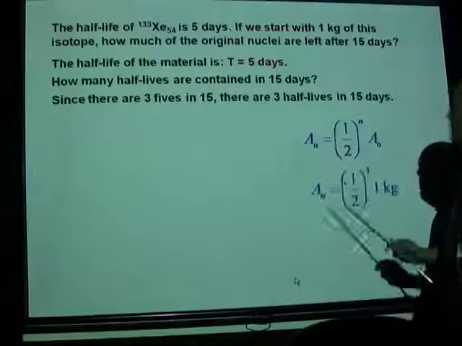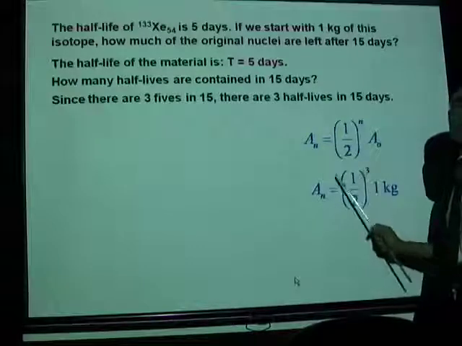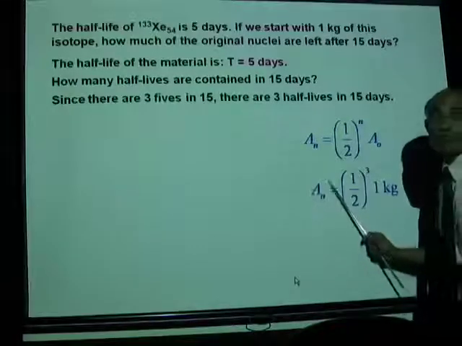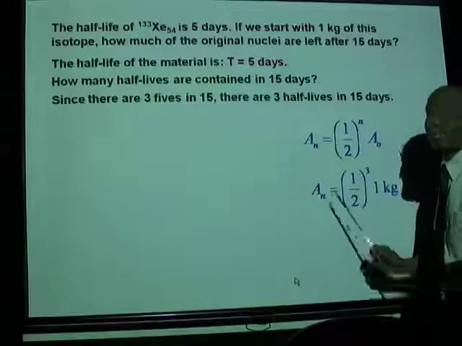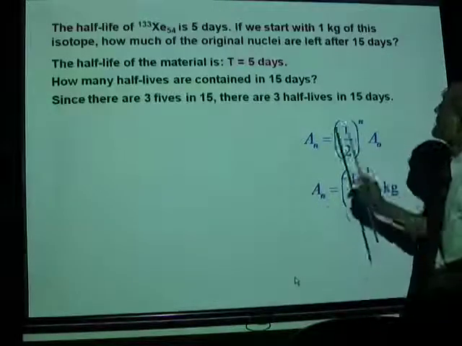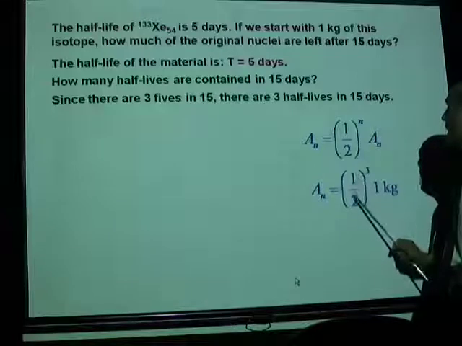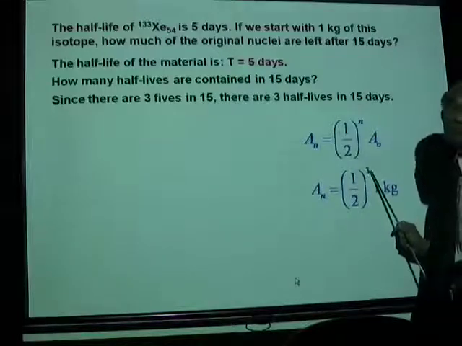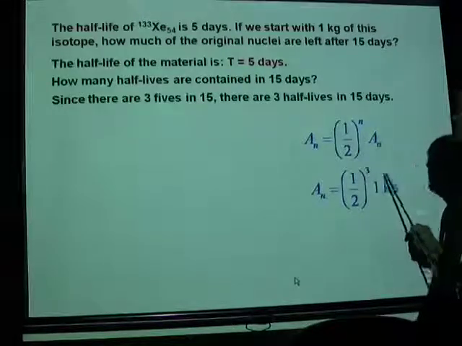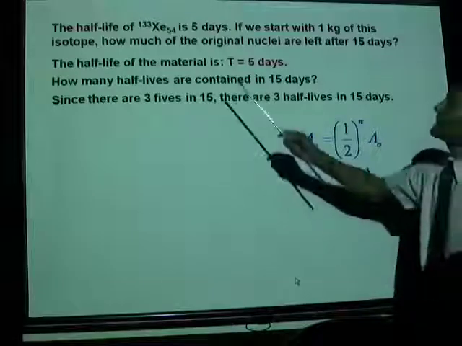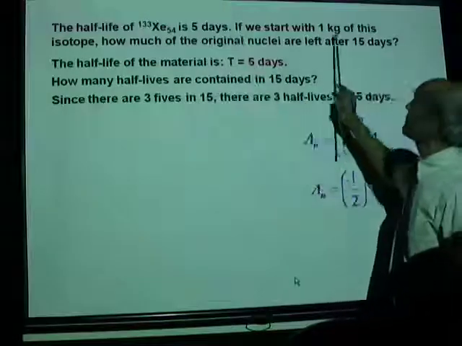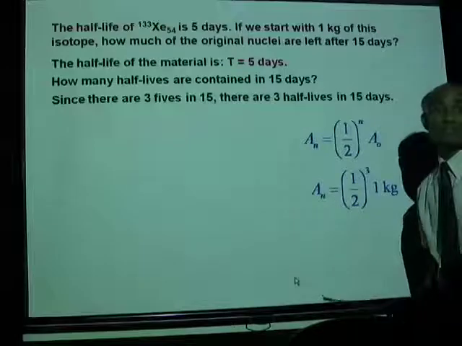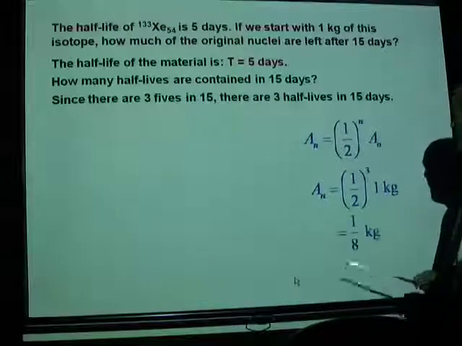And therefore we say A_n, in this case, we need to find how much of the original material is left after 3 half-lives. We have A_n is (1/2)^3 times the original amount, which is 1 kilogram. Is that right? So how much is left after 3 half-lives?